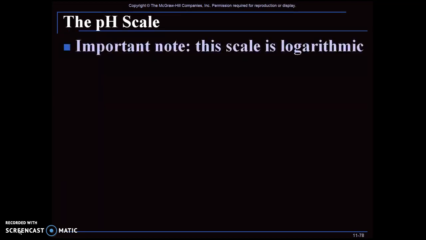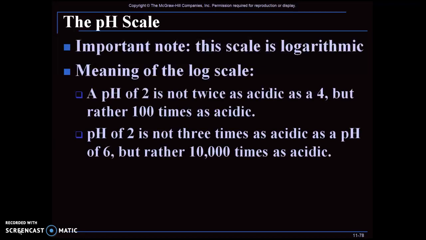It is important that the pH scale is logarithmic. So a change of 1 is 10 times more than the earlier value. The meaning of a log scale is that a pH of 2 is not twice as acidic as 4, but it is 100 times as acidic.